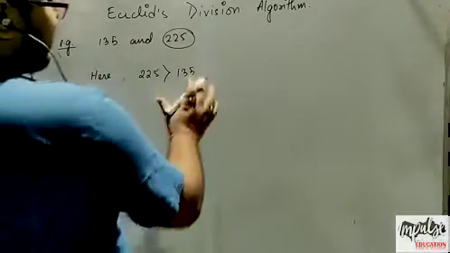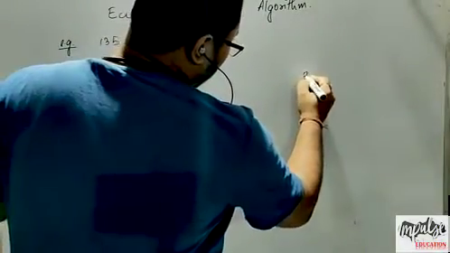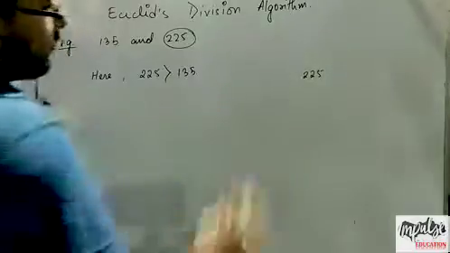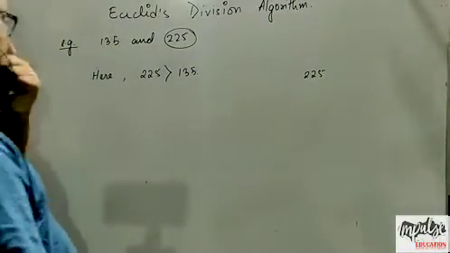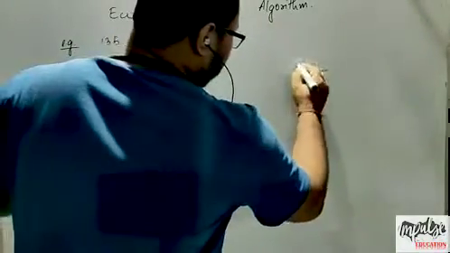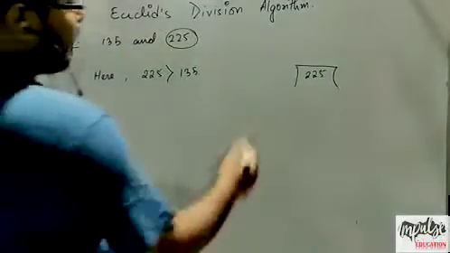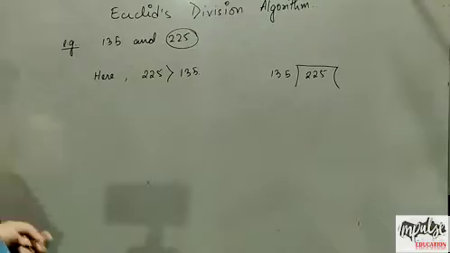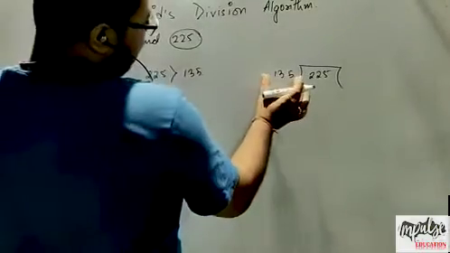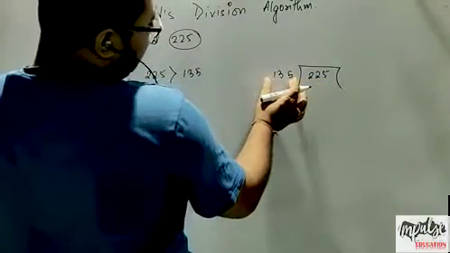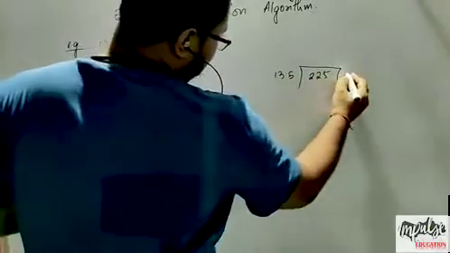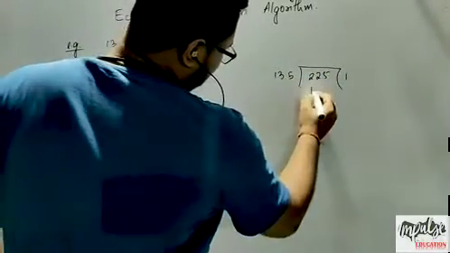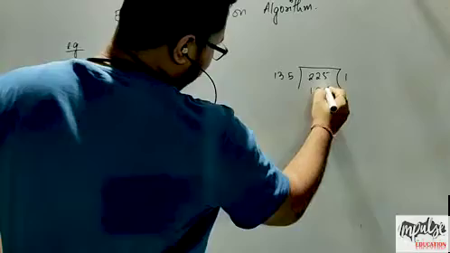Now first of all we will be doing the division process. We have 225. Now this is the dividend as we have discussed. Then you have 135 as the divisor. Then when you divide 225 by 135, what do you get? 135 ones are 135.